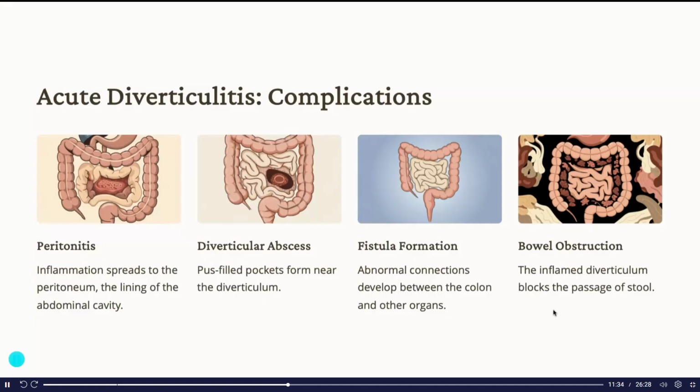Also, along that path I just explained, when you get to the point where the ischemia and weakening occurs and perforation can happen, a tissue connection can actually form between the sigmoid colon and the bladder, which is a fistula. Specifically, that type of fistula is called an enterovesical fistula.